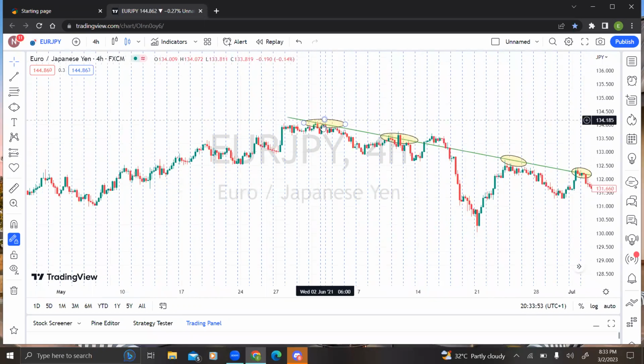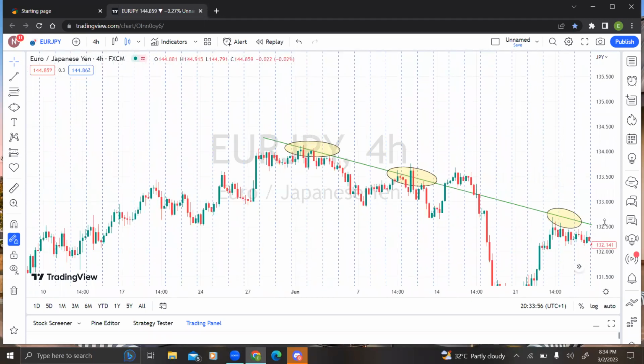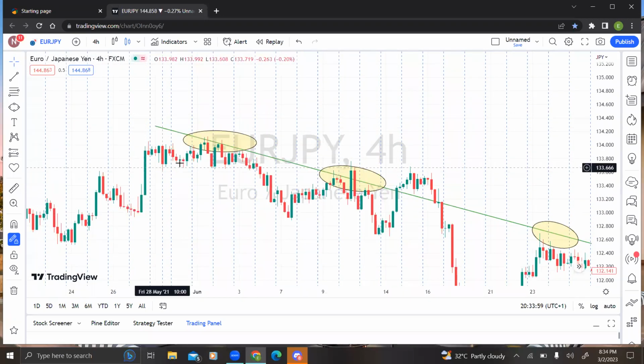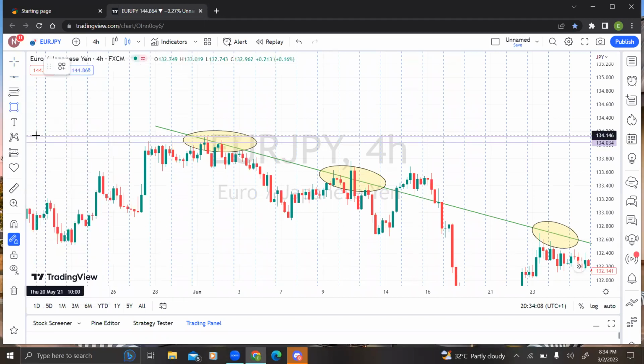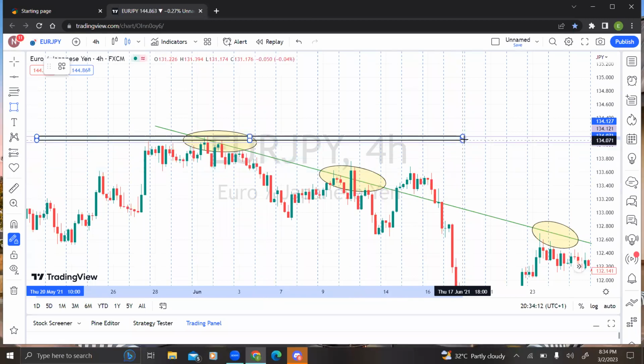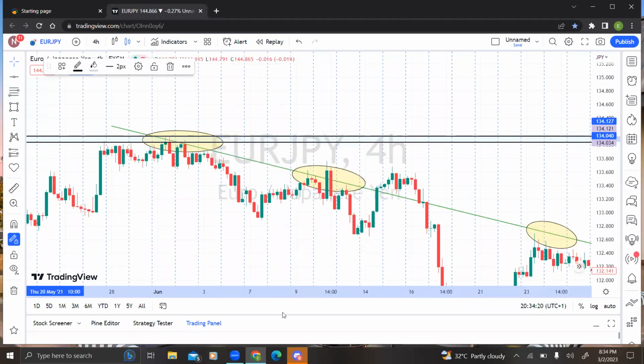Now, this is a resistance here because I could equally go ahead and say that if I'm looking at the market like this, I see that price came up to this zone and reversed. So I could put up a line here like this and then put up a box. 2 lines, 1 box, like this.